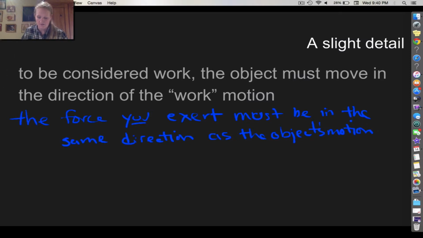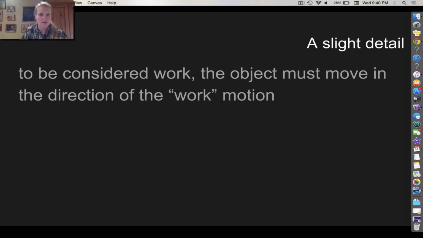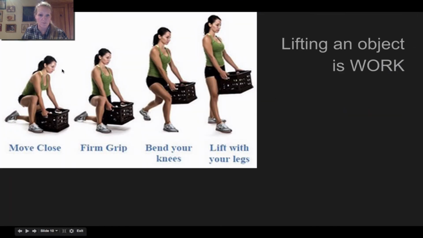So it's kind of a weird thing, but let's look at some examples of what this would mean.